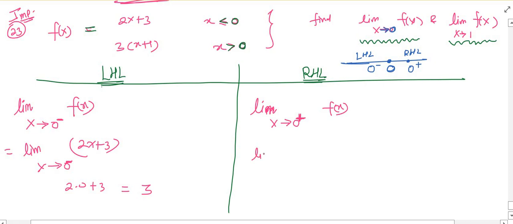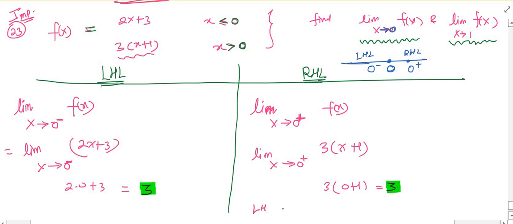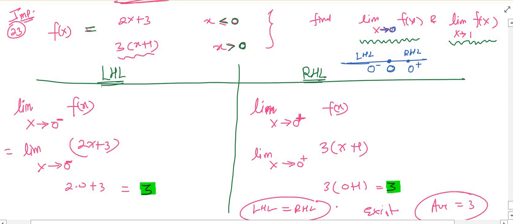So limit x is tending to 0 plus of the second one, 3 times x plus 1. Put 0 only. 0 plus 1, I am getting 3. So you can see clearly both sides we are having 3. So that means yes, LHL is equal to RHL. The limit exists, and the answer is 3.